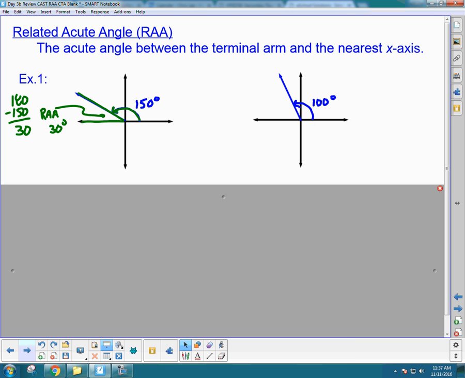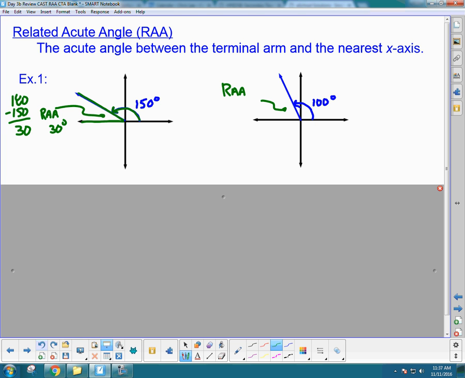Looking at the second one, a common mistake I see people do is they tell me that this is the related acute angle 10 degrees. That's not right. It is acute, but that's referring back to the y-axis, and that's not what we want. So that's wrong. The related acute angle is this guy down here.